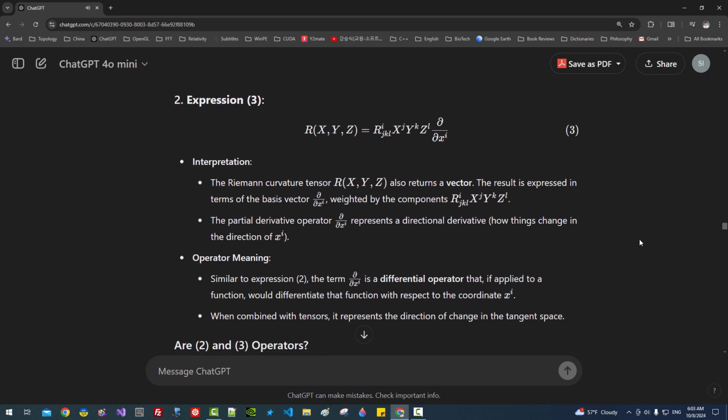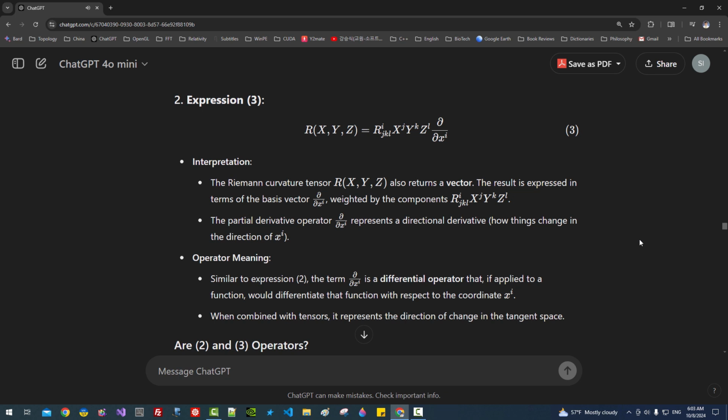2. Expression 3: R(x,y)z = R^i_jkl x^j y^k z^l ∂/∂x^i. Interpretation: the Riemann curvature tensor R(x,y)z also returns a vector. The result is expressed in terms of the basis vector ∂/∂x^i, weighted by the components R^i_jkl.